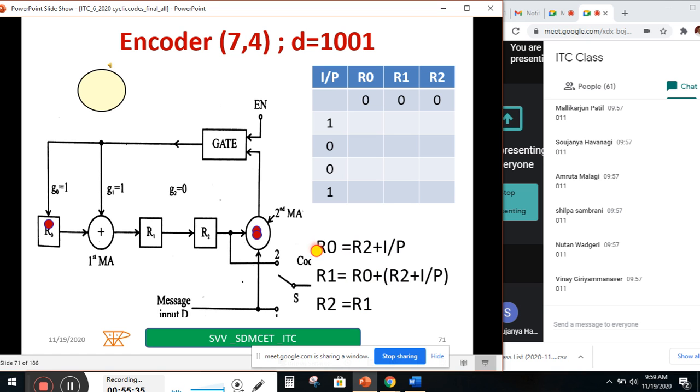Copy down these three equations. Using these three equations we'll try to write down the table. Let me give you 1 minute to copy down the equations. Then we'll conclude the class. Anyway, you'll get a break of 30 minutes.